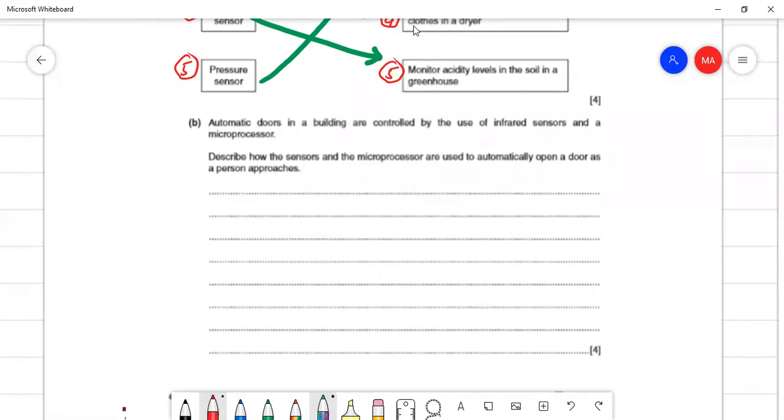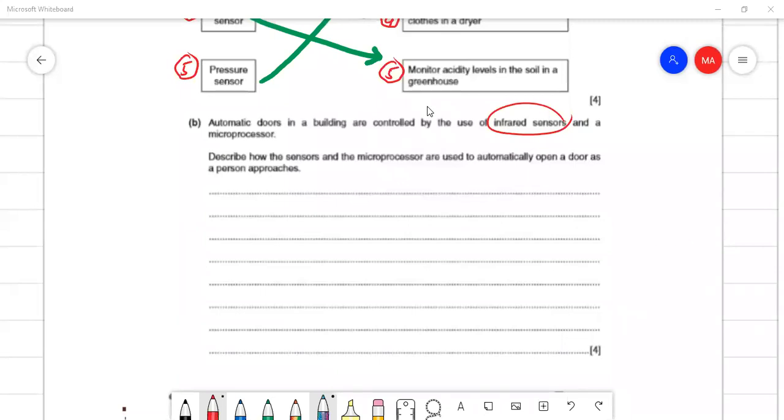It is used to detect moving objects. Okay, that's good.